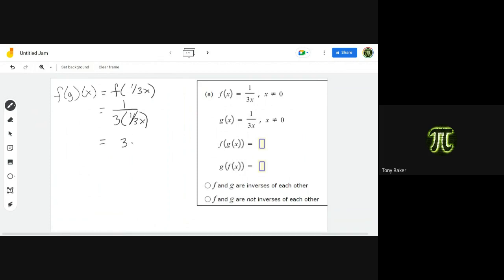If I just look at the bottom, I flipped it over and I wasn't supposed to flip it over. So that ends up being just 1 over 1 over x, which is just x.